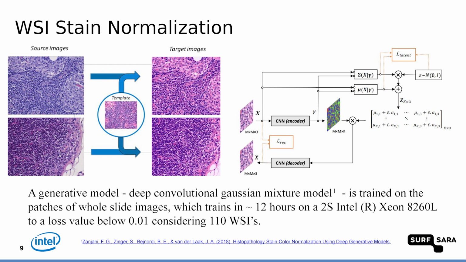So you would have those source images that have a very different color format, but then you would have this template. You can see the architecture also on the right. It's basically the architecture that makes all these source images appear as if they are from the same color distribution. And you can see the target images there. And now the job of the classifier or of the segmentation model is much easier. Still not easy.